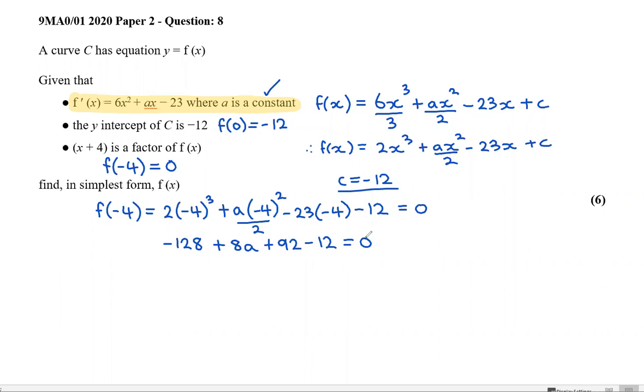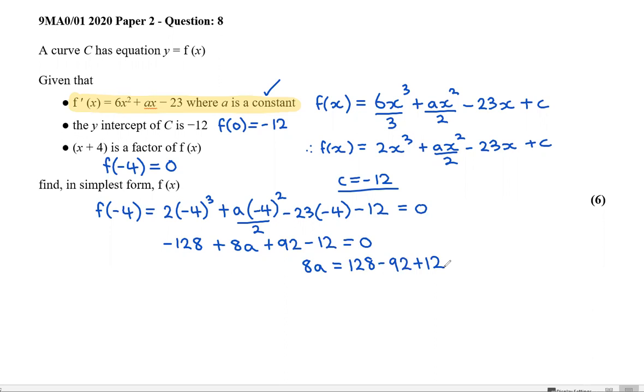All right. Now we just have to collect like terms. So we're going to keep the 8a on the left-hand side. So if we add 128, subtract 92, and add 12, okay, so we'll see what that gives us.